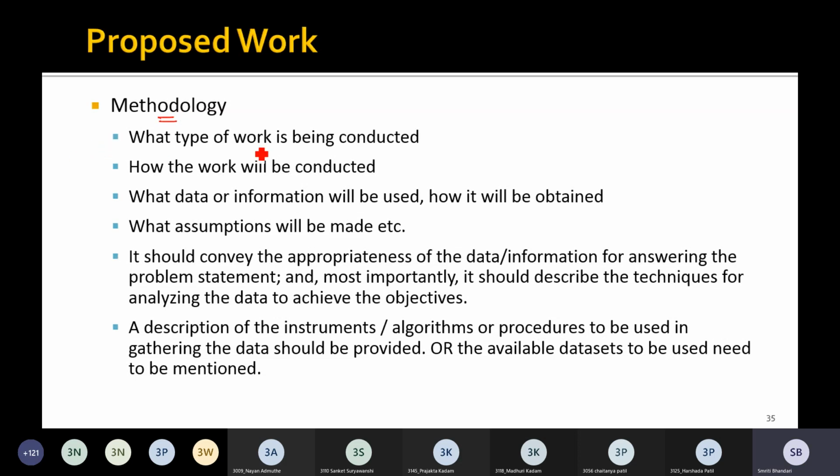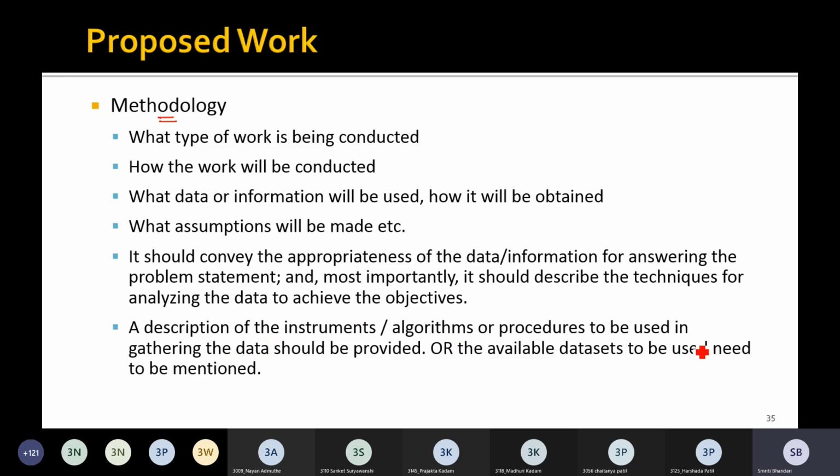The points we should include under methodology are: what type of work is being conducted, how the work will be conducted, what data or information will be used and how it will be obtained, and what assumptions will be made, if any. It should also convey the appropriateness of the data for answering the problem statement. It should describe the techniques for analyzing the data to achieve the objectives.